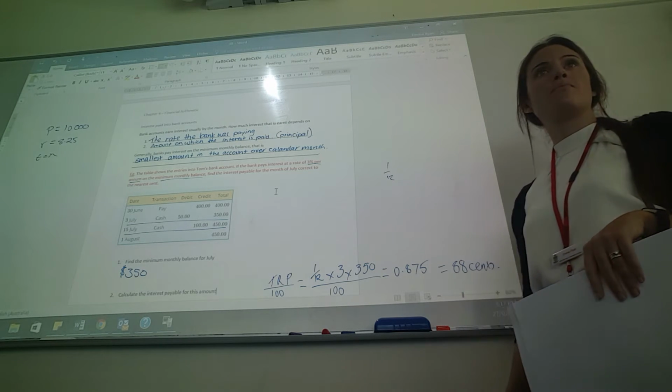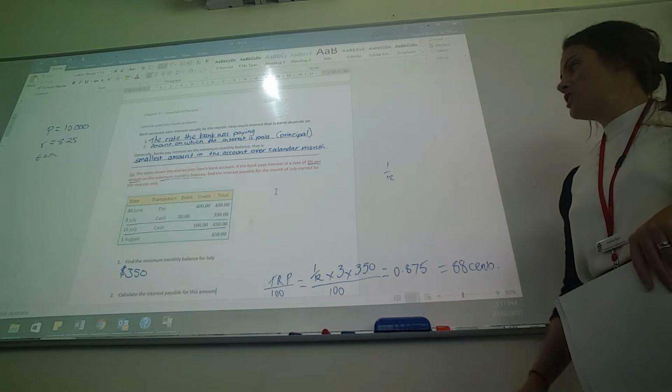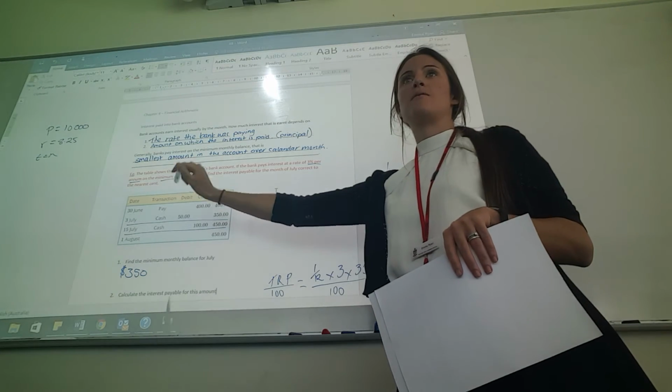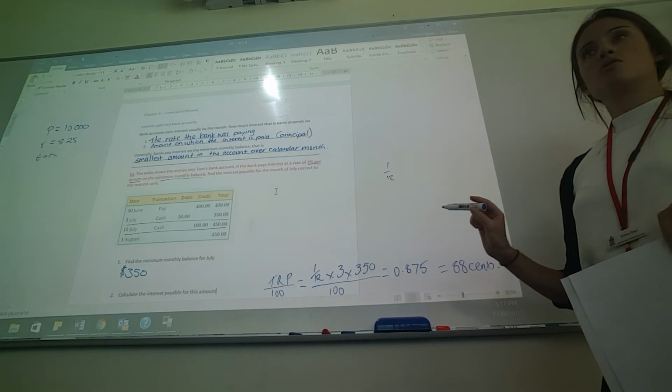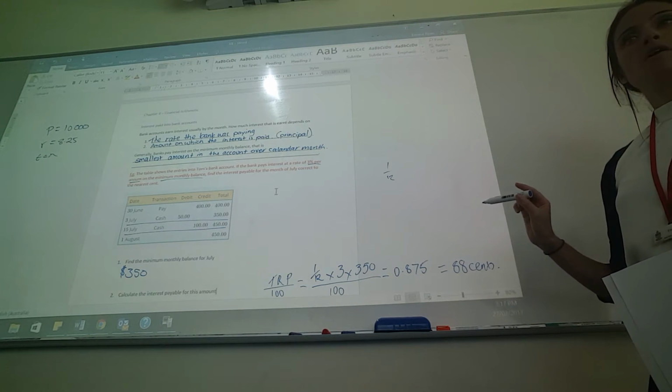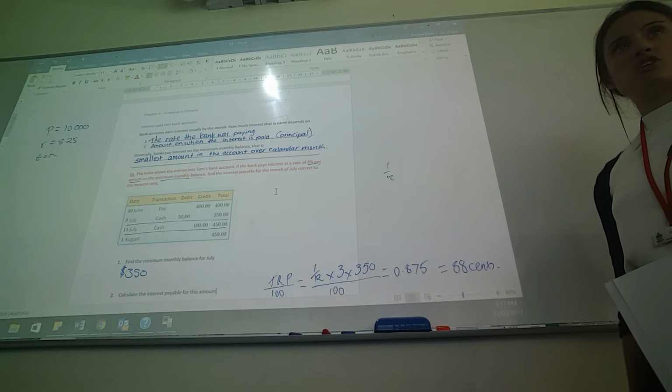But then you round it up to 90 because you can't do 88? This is said to the nearest cent. It's a credit card thing, so it takes the exact amount. So Tom has earned 88 cents in interest.